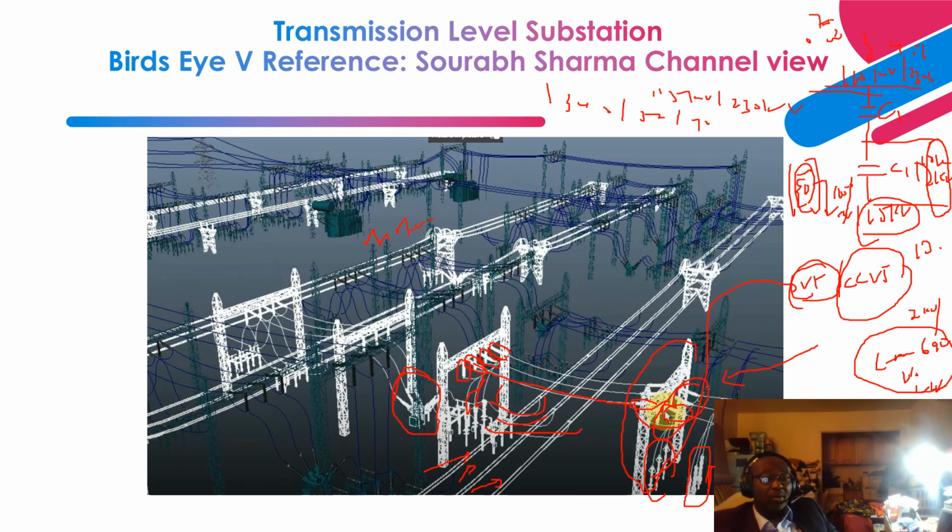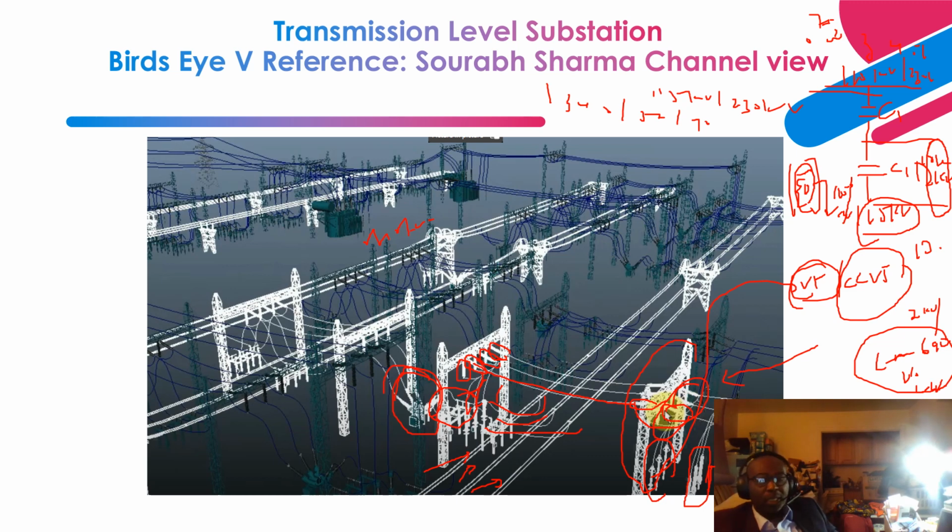On this side are disconnect switches. Once you de-energize the circuit breaker, you should have a way of opening it for maintenance to be performed. That is for the safety of our personnel working in the substation.